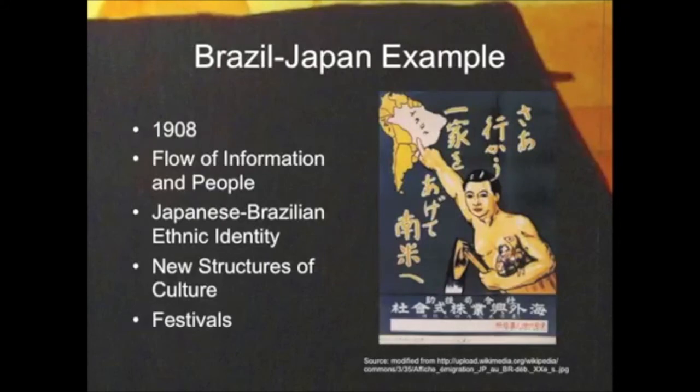This movement, which has resulted in quite a bit of culture change, has at its center the idea of people migrating across national borders, in this case, borders associated with the sovereign nation of Japan and that of Brazil.